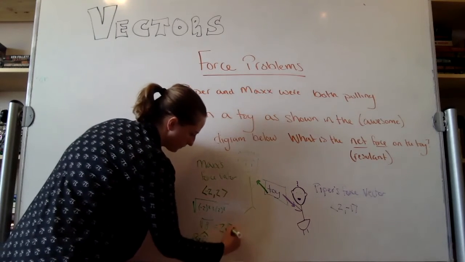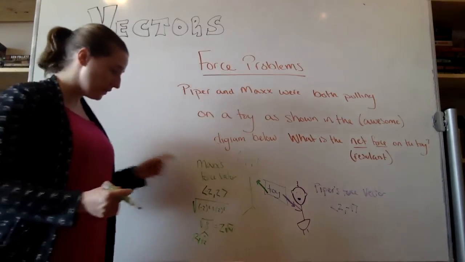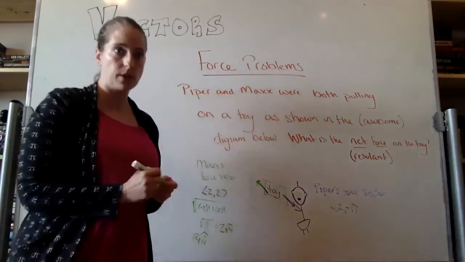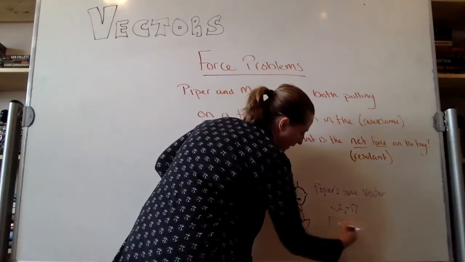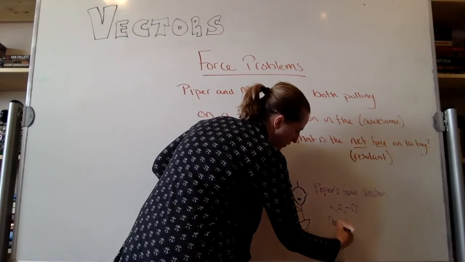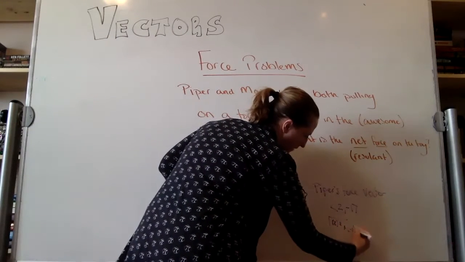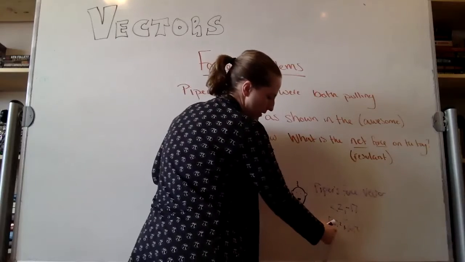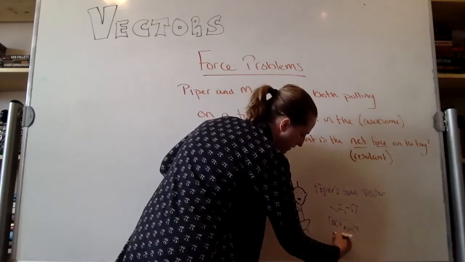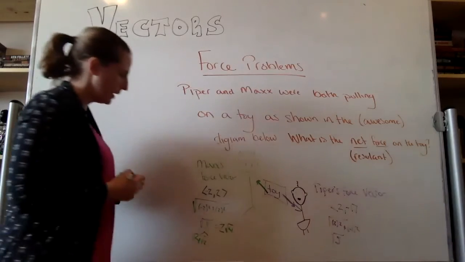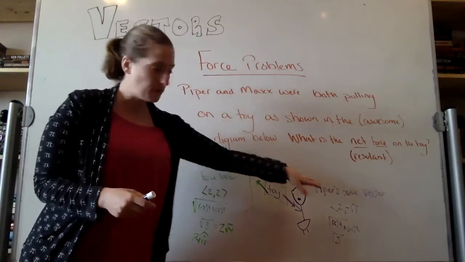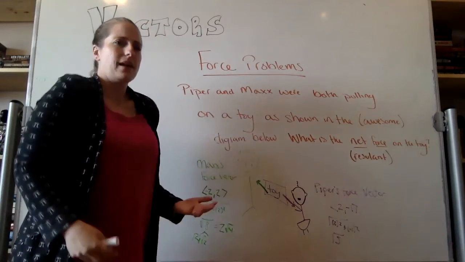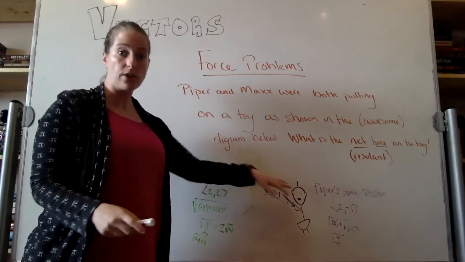So the magnitude of Max's force is 2 times the square root of 2. The magnitude of Piper's force, I could calculate as the square root of 2 squared plus -1 squared. 2 squared is 4, 1 squared is 1, so this is the square root of 5. Notice that means that Max's force is stronger than Piper's force, which makes sense because, at least for this problem, Max is stronger than Piper.